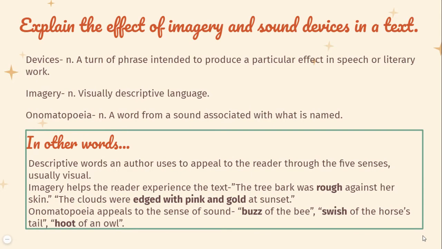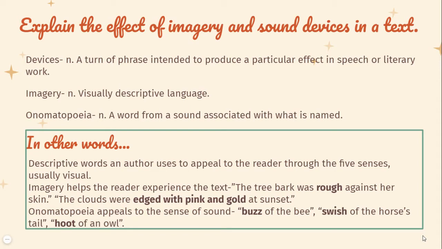Explain the effect of imagery and sound devices in a text. A device is a turn of phrase intended to produce a particular effect in speech or literary work. Imagery is visually descriptive language.